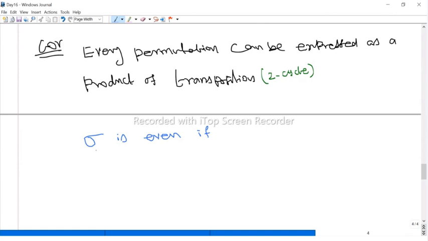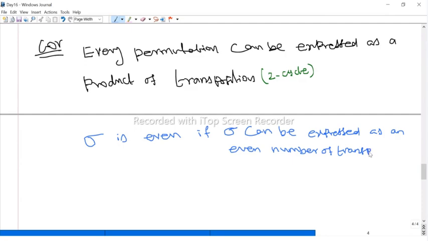So permutation sigma is even if sigma can be expressed as an even number of transpositions, because we know the theorem that every permutation can be expressed as a product of transpositions. If it is an even number of transpositions, then we call it an even permutation.